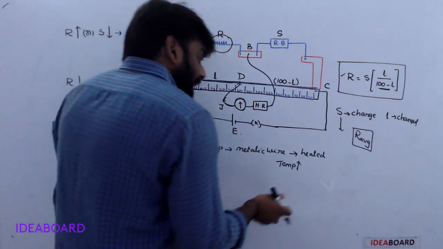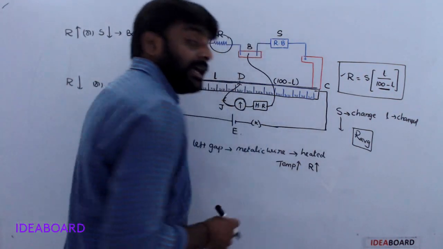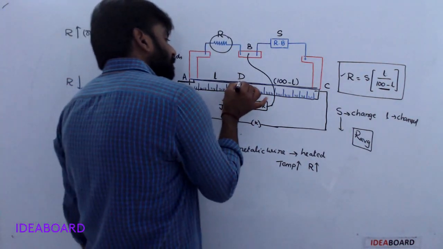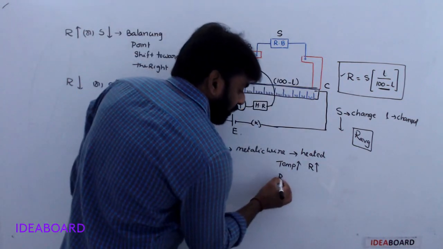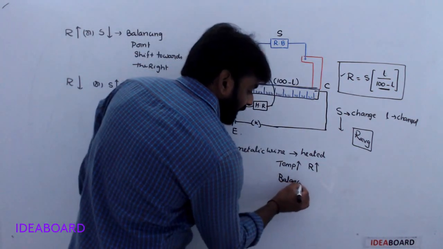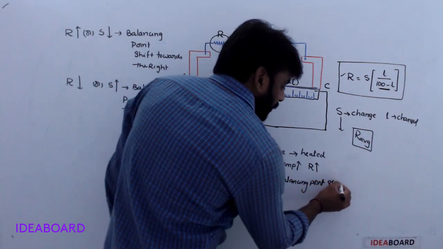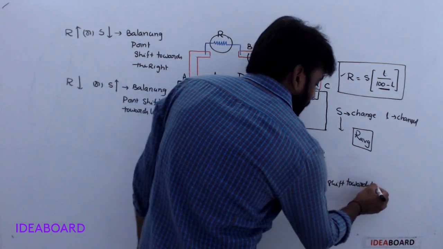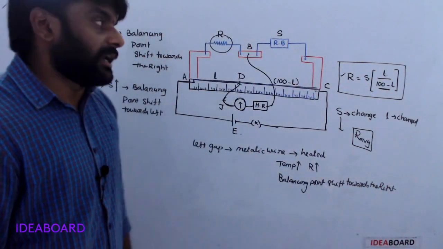Temperature increase means in a metallic wire the resistance also increases. So the balancing point shifts towards the right.